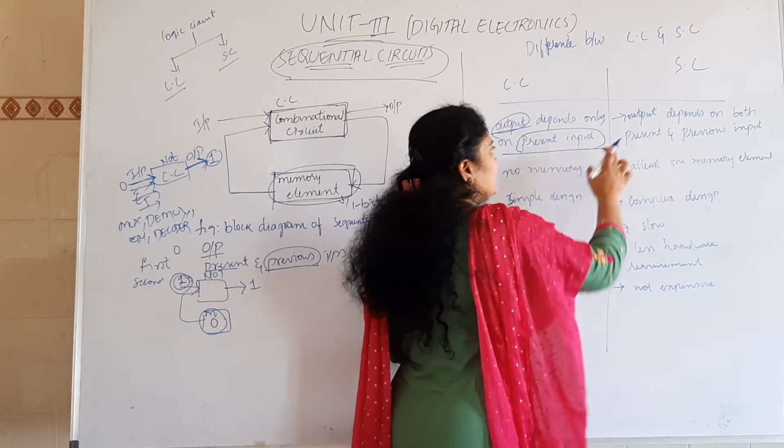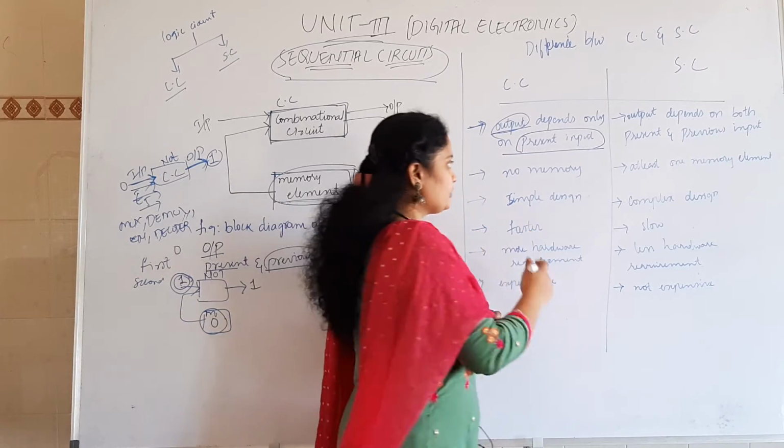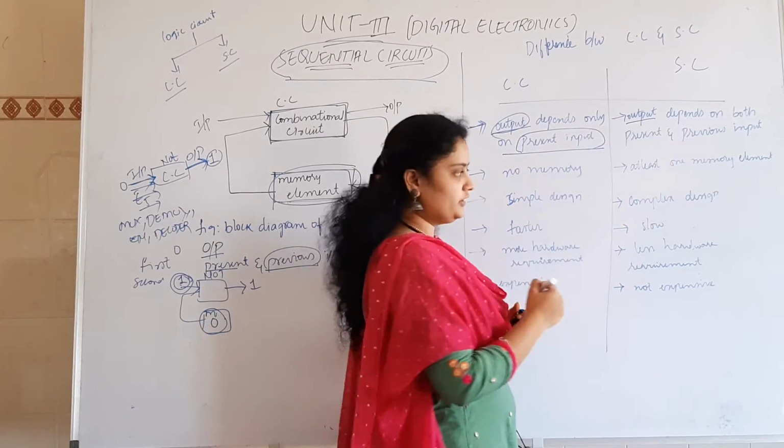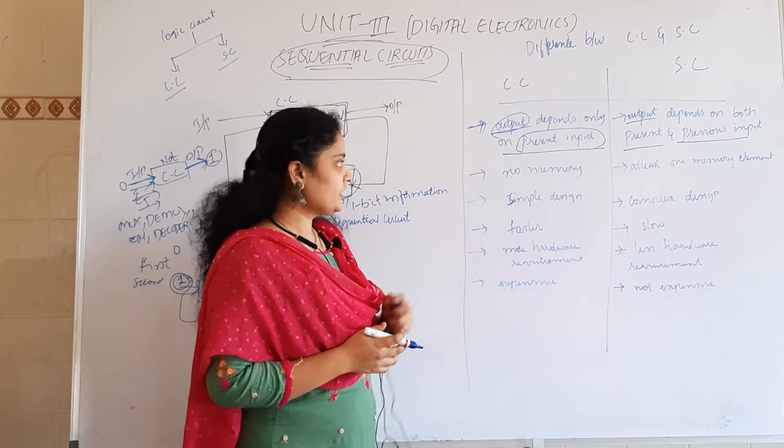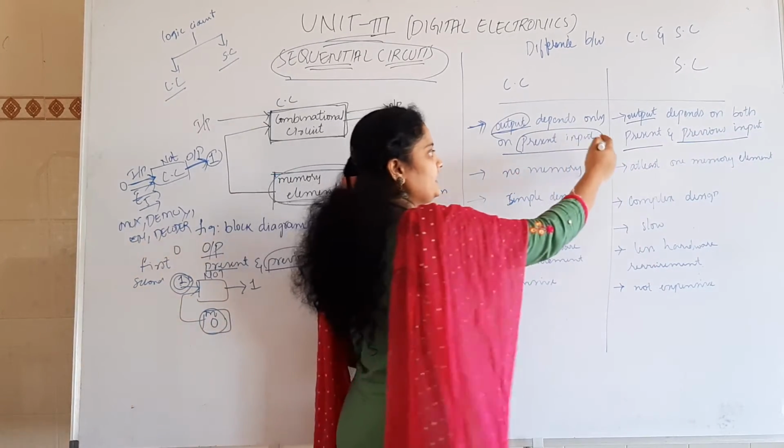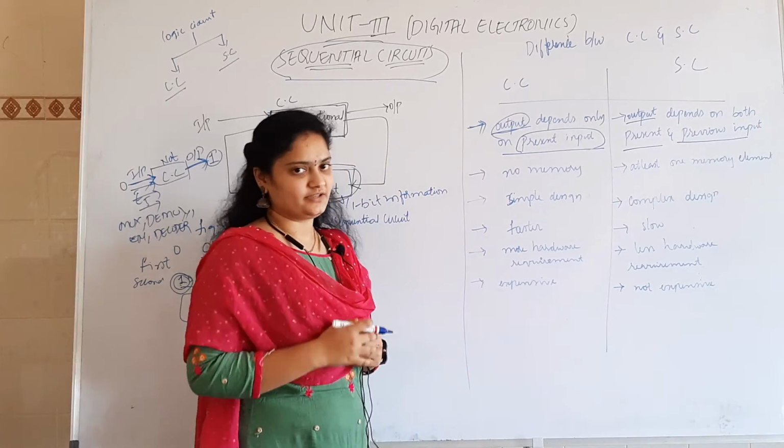Next, in sequential circuits, your output is going to be dependent on your present and previous inputs. Here upon only the present input, and here upon the present and previous inputs.